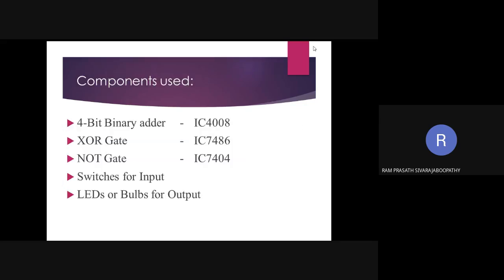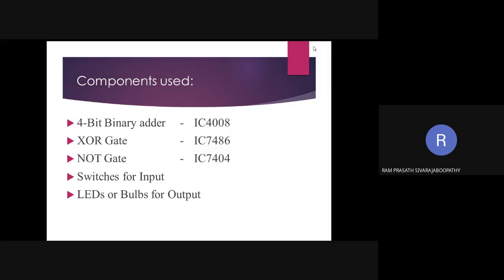So these are the components required to build the 4-bit binary adder circuit. Here a NOT gate is not needed because we are not going to design only a 4-bit binary subtractor. We are going to design a 4-bit binary adder cum subtractor.